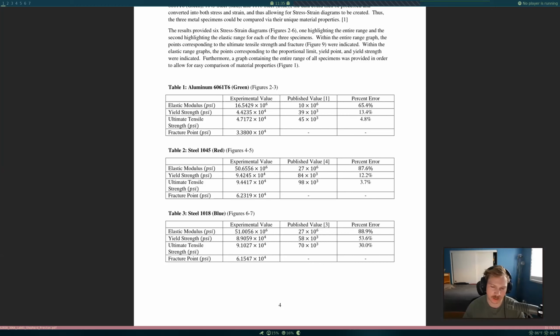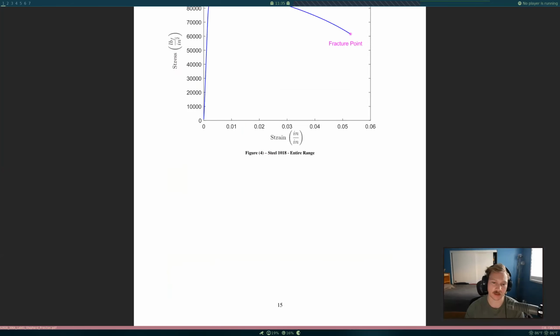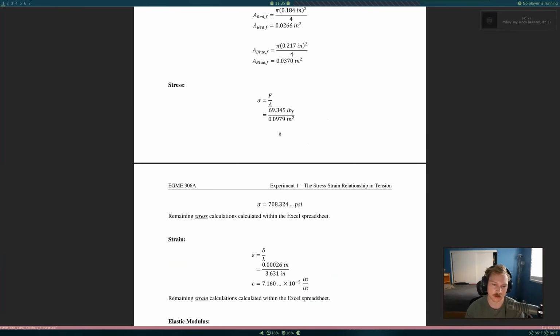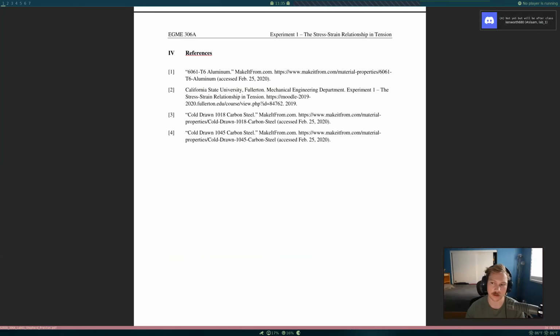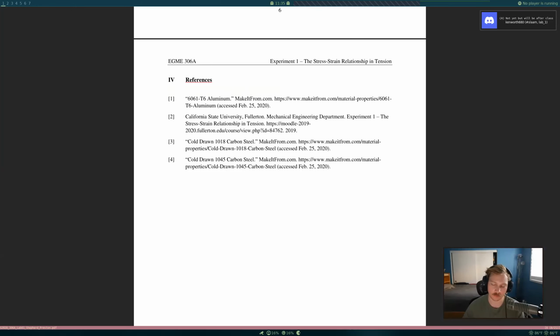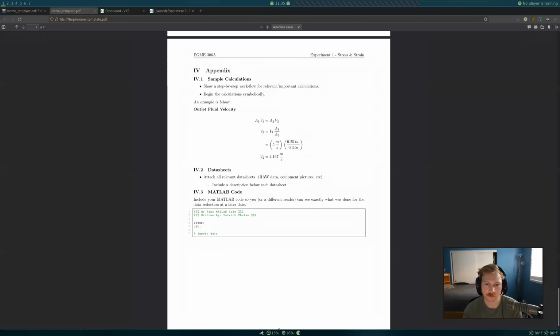You don't need to include that though. But basically what I want to show you is they have their sources, they have an in-text citation here for the published values. And then towards the end of their document, they have a references section here. Where is it? Here. Okay, so you got a full page here for references, and it's referring to that in-text citation that they had earlier on. So just to show you what that should look like for your report.